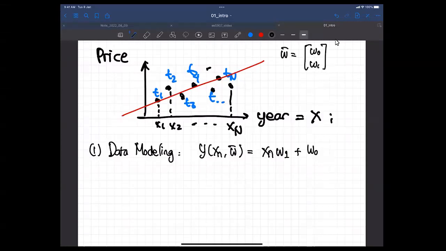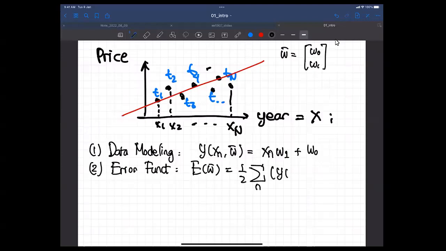But the fact is the same, that you have an error function. And in this error function, you have E(w bar) now, which is w0 and w1. And this one is exactly the same, sum over n of (y(xn) minus tn) squared.